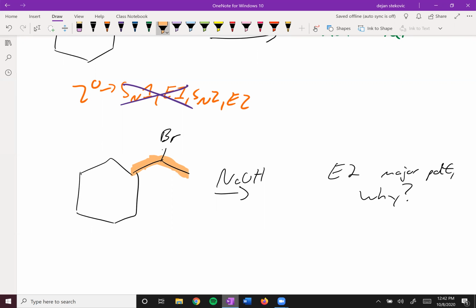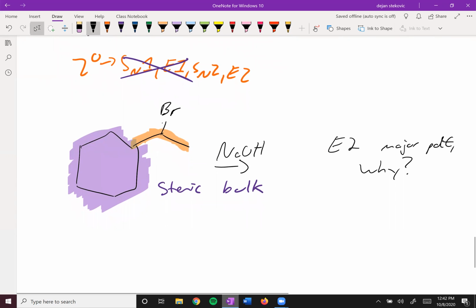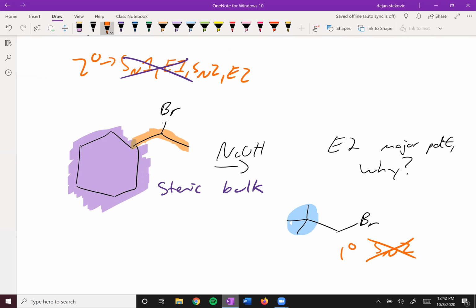But remember, when we think about SN2 reactions, we also think about what else is attached to the molecule. In this case, we have this cyclohexane, which is very big. And so there's a lot of steric bulk that will disfavor the SN2 reaction. Remember, we did an example where we had a primary, but because of this tert-butyl group, the SN2 pathway didn't actually occur. So that's one way to make the question fair.